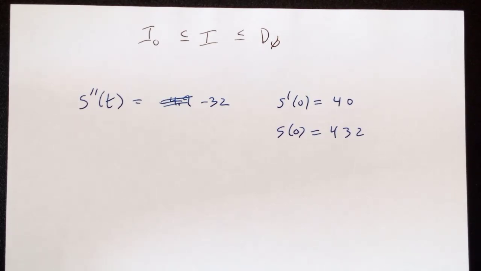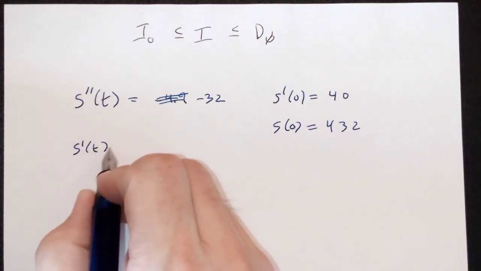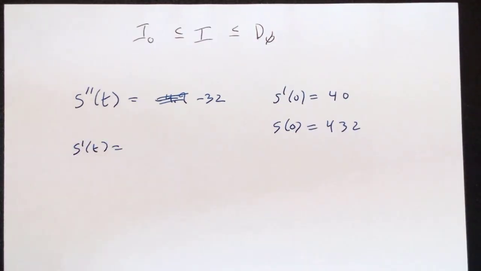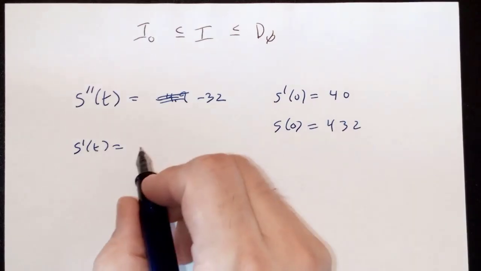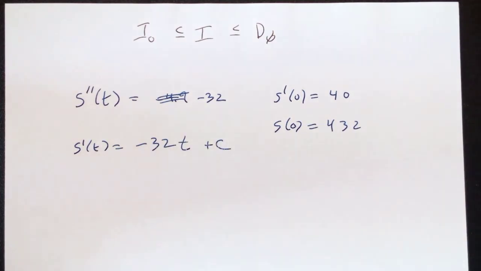So if I know that S double prime is -32, what's S prime? Almost. You're just spelling T as X, that's fine.